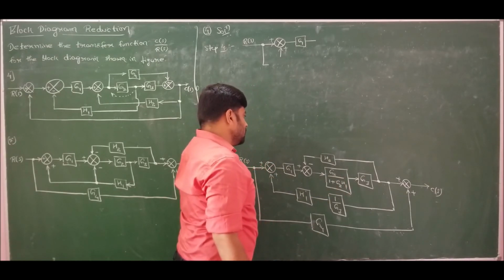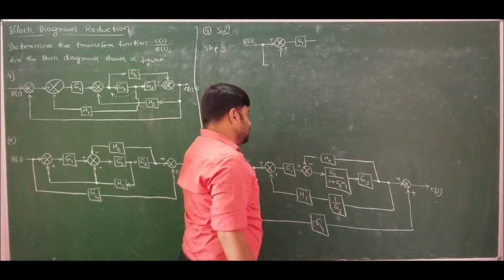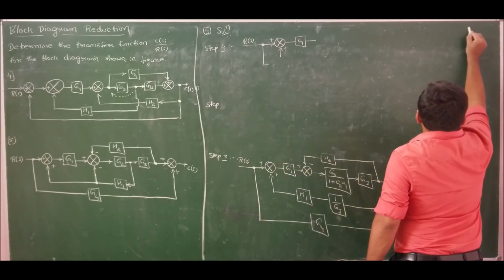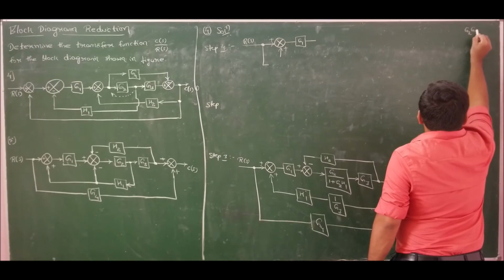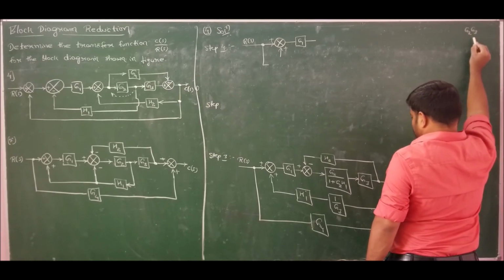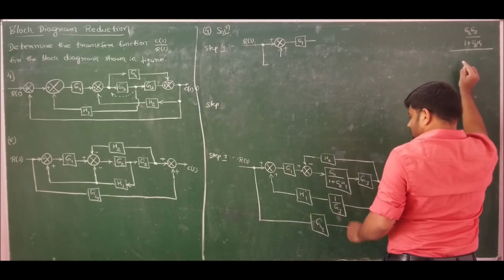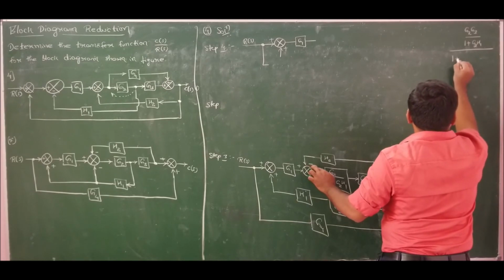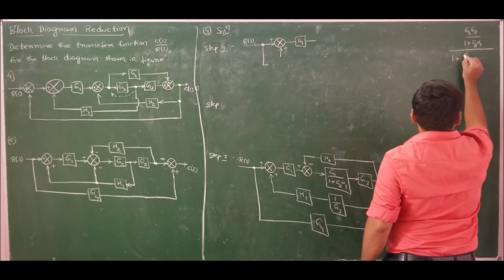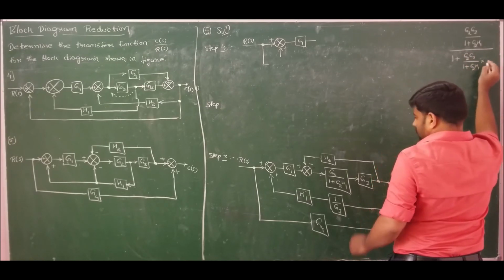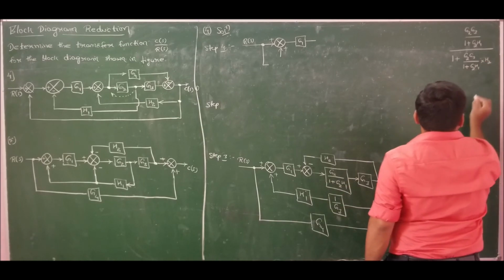So if I do that, G of S divided by 1 plus G of S into H of S will become, G of S is G2 G3 divided by 1 plus G2 H1, divided by, we have negative feedback, hence I should use positive, 1 plus again G of S. G of S is G2 G3 by 1 plus G2 H1 into H of S is H2 only.